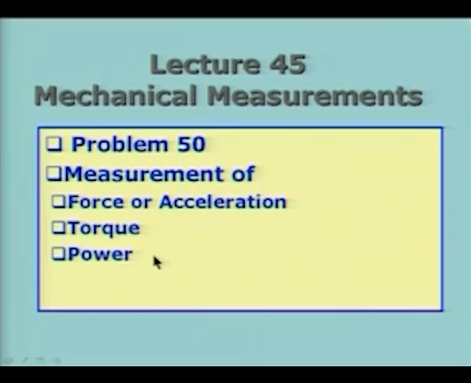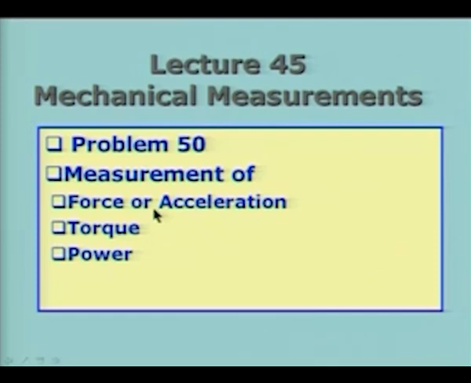The measurement of force and acceleration, torque and power are very important from the point of view of mechanical engineering applications. For example, if you have an engine or a power producing device, we would like to measure the power output, and the power output requires the measurement of a torque and the speed of the engine or the machine.